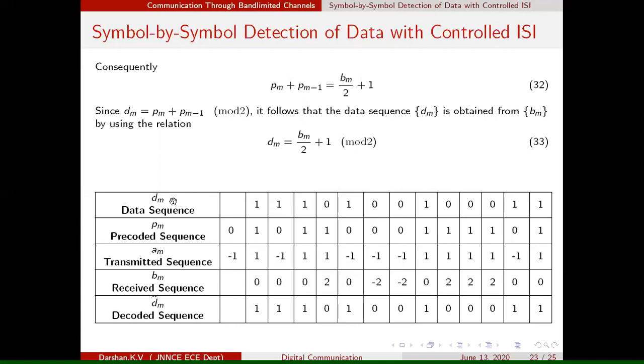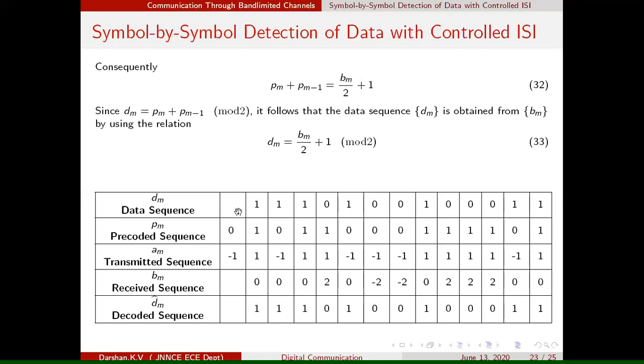Pre-coding should be done on which sequence? On the data sequence, 1 1 1 0 1, which is a binary data sequence. Just observe the data sequence and the pre-coded sequence. Some logical operation has been done on the data sequence to get the pre-coded sequence.